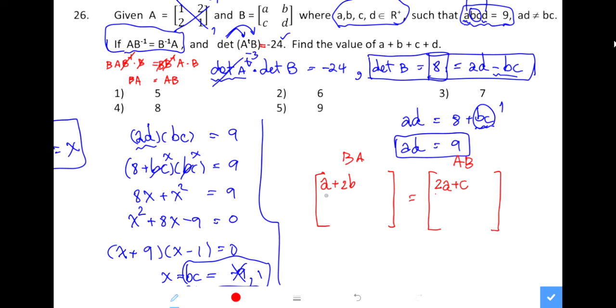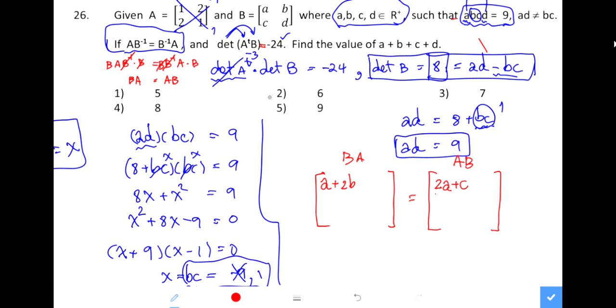2A plus B, right? Yeah, I think I made a mistake. Wait a bit. AC is correct. And if I do AB times this, A plus 2B. And how about this one?